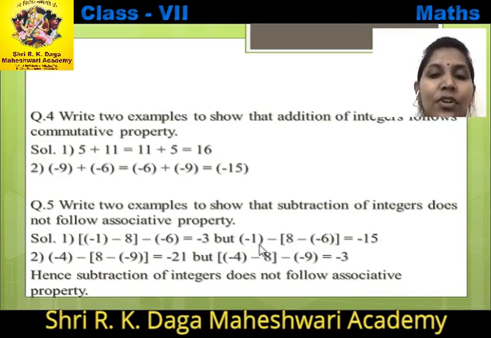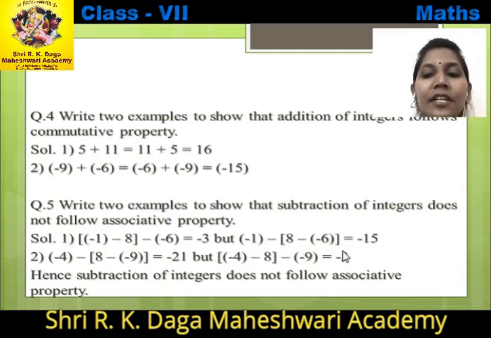Now minus 14 and minus 1 is equal to minus 15. So when a minus b minus c gives the value minus 3, but a minus b minus c gives the value minus 15. Hence the associative property is not satisfied in this example.